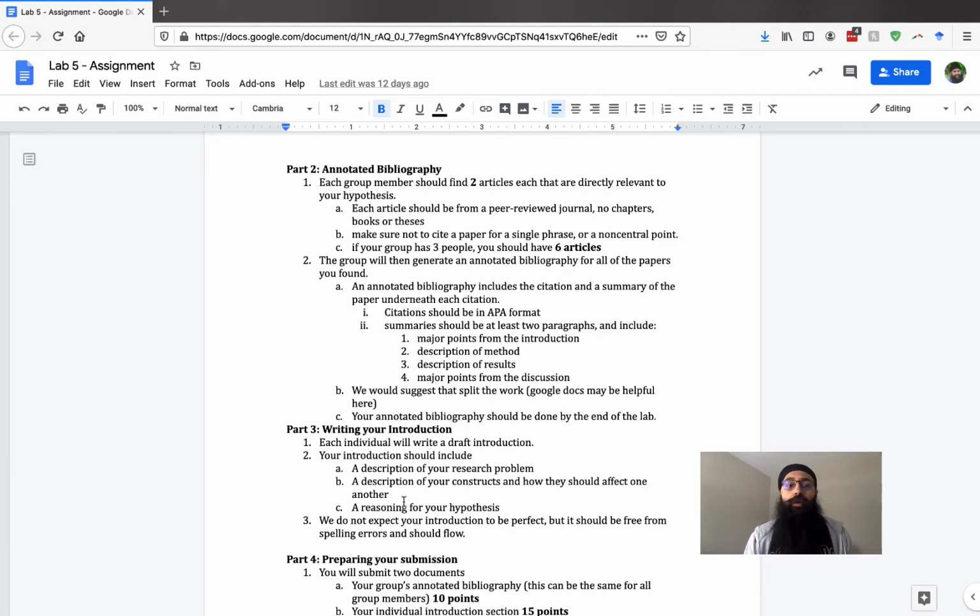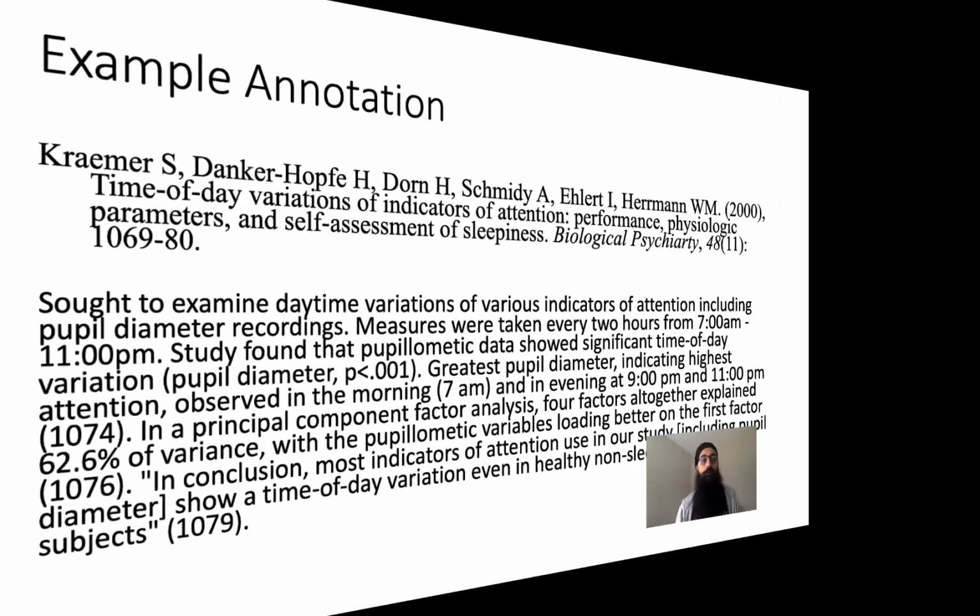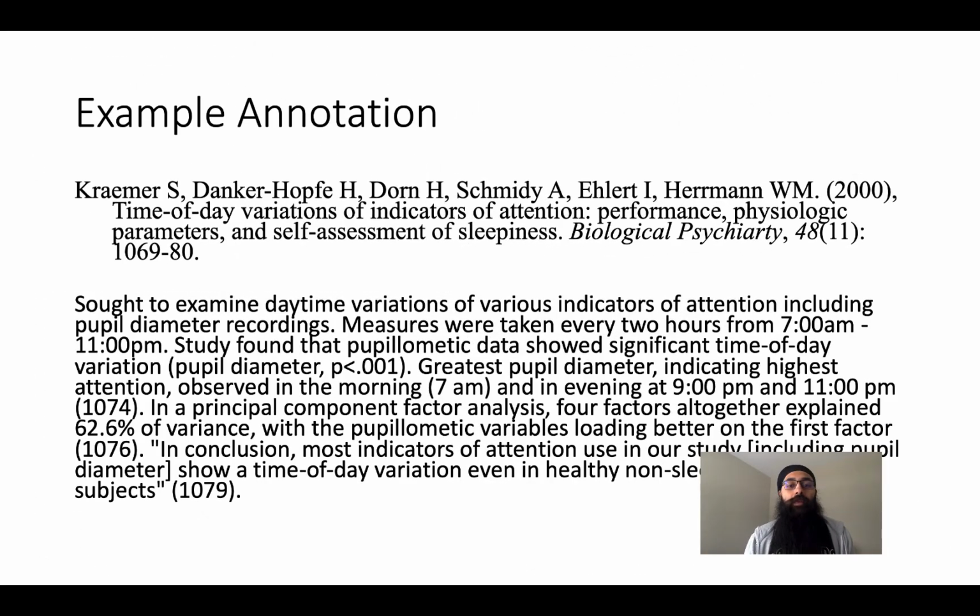So I'm going to show you what an annotated bibliography looks like. Here we have an annotated bibliography example. First, you have the APA citation in APA style so that you can just copy and paste it into your reference section. And then you have a paragraph on what the paper was about.